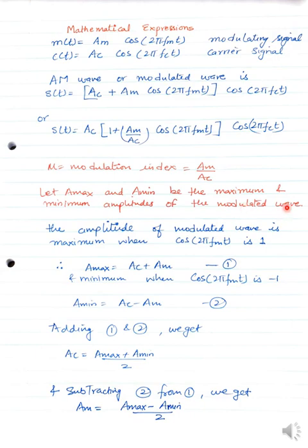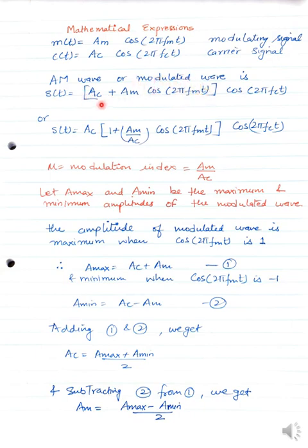So if we assume that A max and A min are the maximum and minimum amplitudes of the modulated wave s(t), then we can say that the amplitude of the modulated wave is maximum when cos 2 pi fm t is 1. When this is 1, then the amplitude will be maximum.